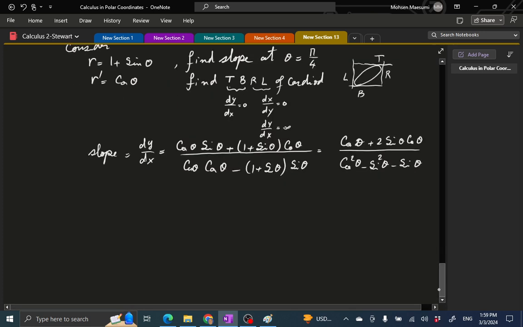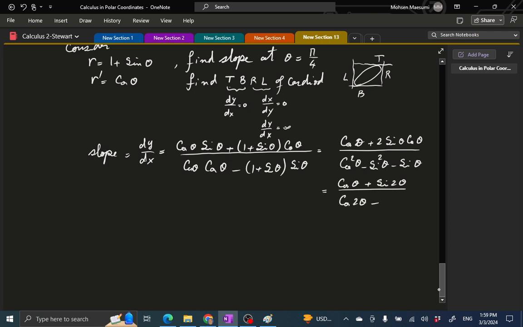If you want to simplify, not sure how much we gain by doing this, you can apply some trig identity. This is cosine theta plus sine 2 theta, double angle identity. This is cosine of 2 theta minus sine theta. That's another expression you could get. And then you can evaluate this at whatever point they gave you. So theta is equal to pi over 4.